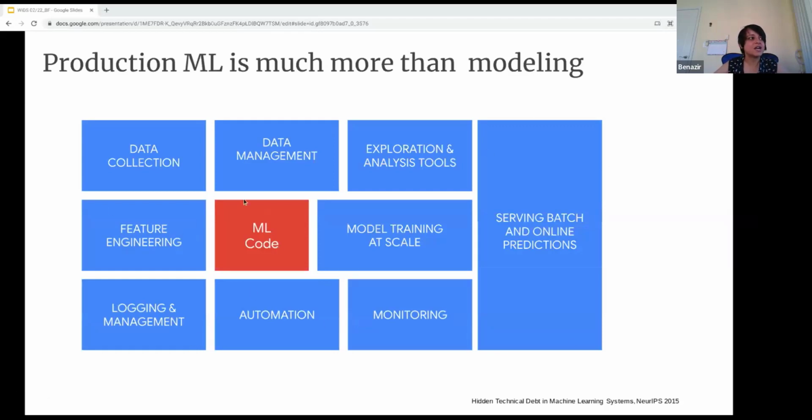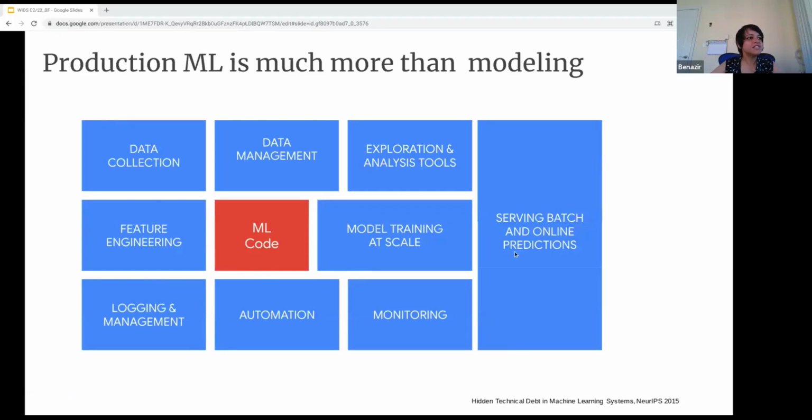The big picture is that what a data scientist does could be right here, but what it takes to put a model into production is this entire picture. And I'm not saying that a data scientist needs to do all of that. There are other people who do that. There are ML engineers who take care of a lot of this entire pipeline, or data engineers who take care of data management, data collection, feature engineering, those things.